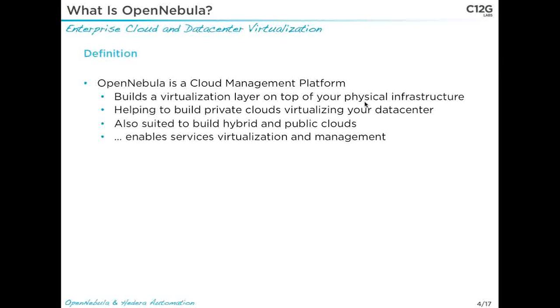So this is one of the main objectives of OpenNebula, helping you to cloudify your infrastructure. Although it's mainly intended for private clouds, it also features public interfaces to enable you to offer your infrastructure to external users. And also it's able to build hybrid clouds. We'll see about this a bit later. It just basically means that you can outsource your computing needs to external cloud providers, like for instance, Amazon EC2.